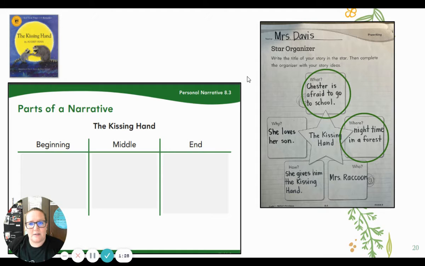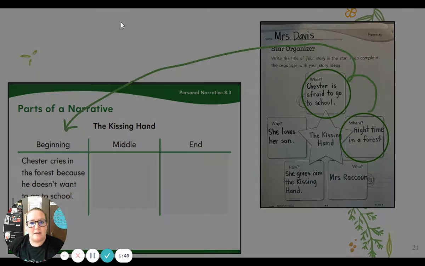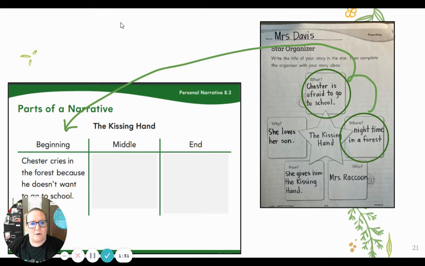So looking back at the star organizer, we said our question words, what, where, who, how, and why give us important elements of our story. I have focused on what and where. Those are elements that we find at the beginning of our story, right? When we meet the characters in their world.